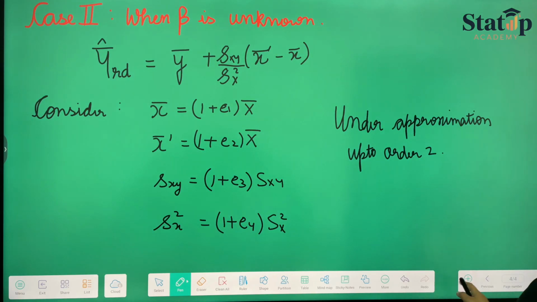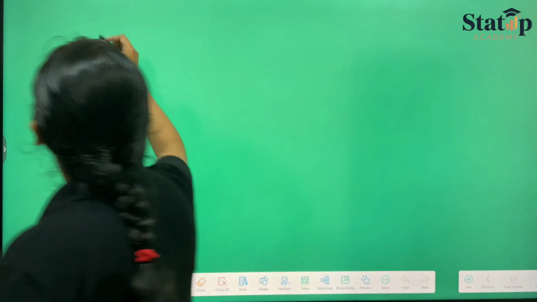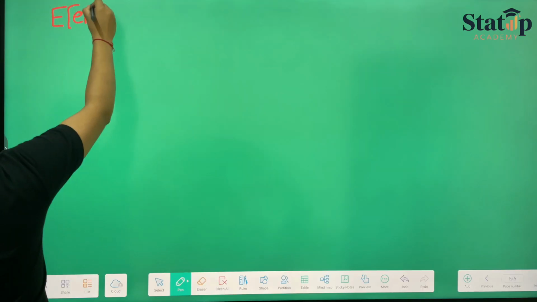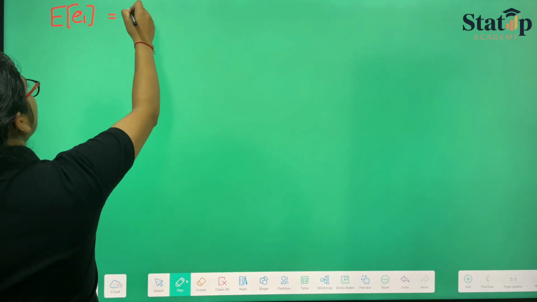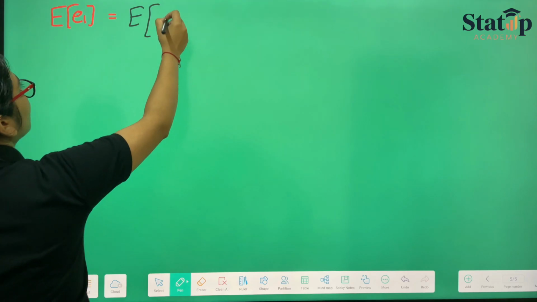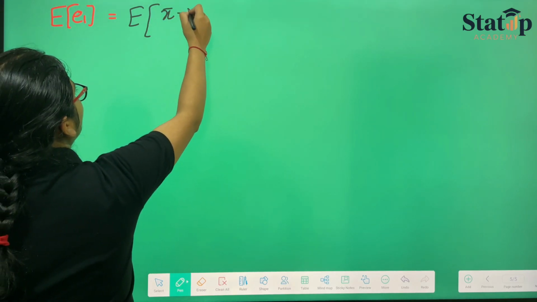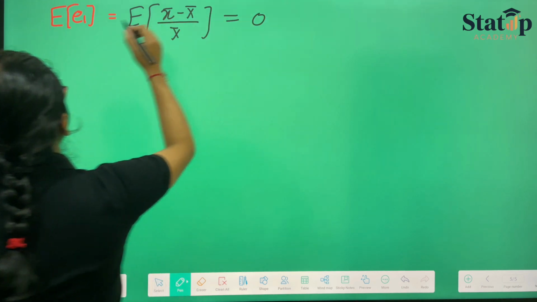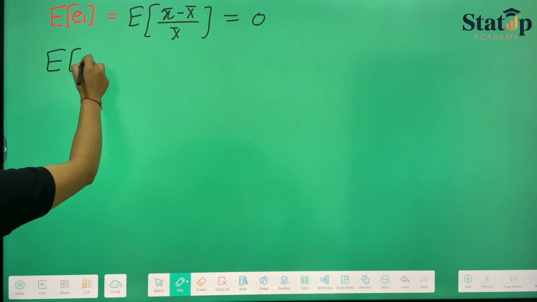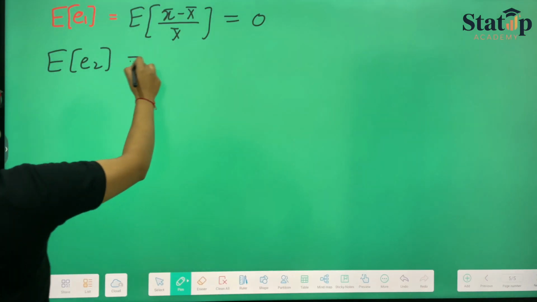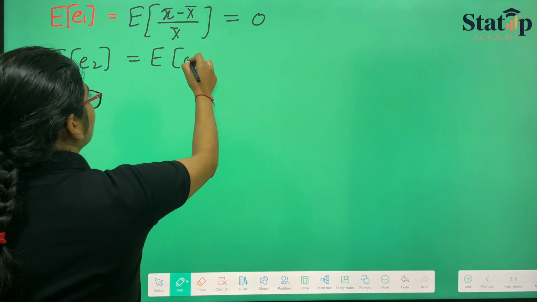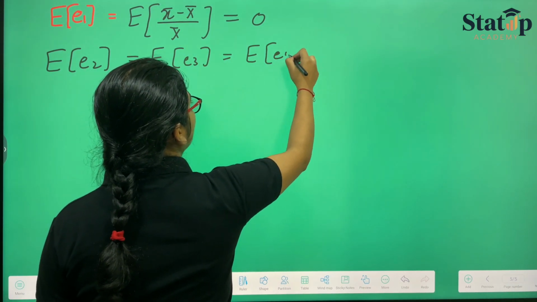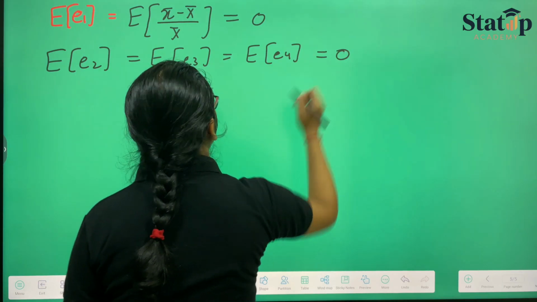And we know that the expectation of e1, which is the expectation of x bar minus capital X bar upon capital X bar, is equal to 0. Similarly, the expectations of e2, e3 and e4 are equal to 0.